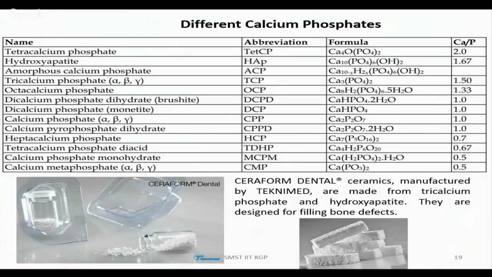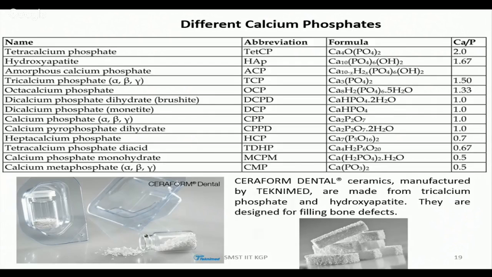because tetracalcium phosphate has a ratio of 2, whereas dicalcium phosphate is 1. So you can have different percentages of tetracalcium phosphate as well as dicalcium phosphate. That is why you should be a little bit concerned.